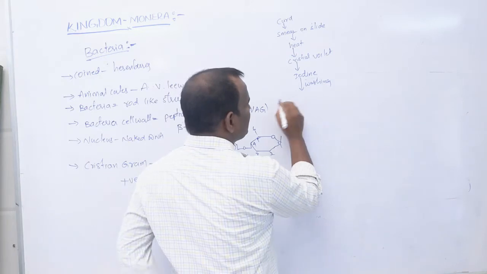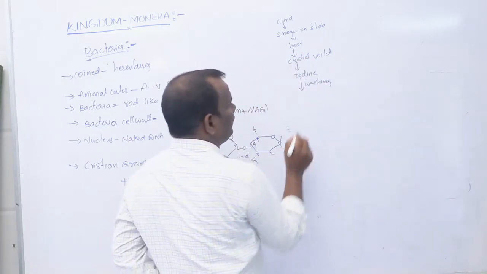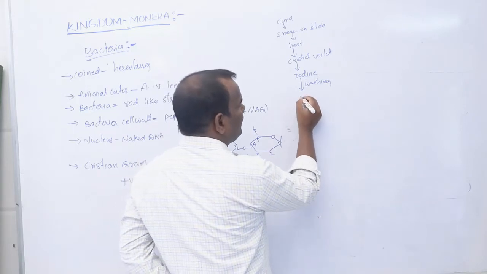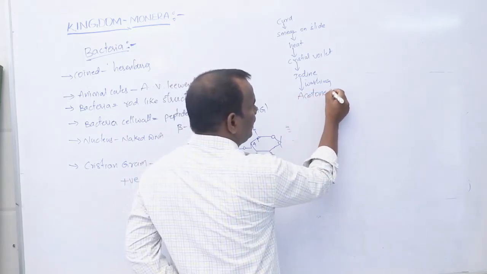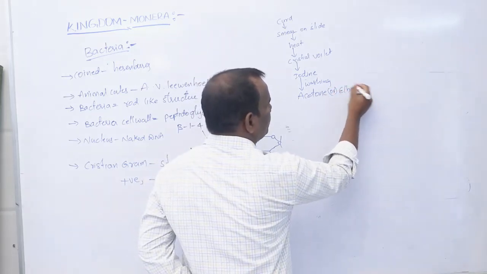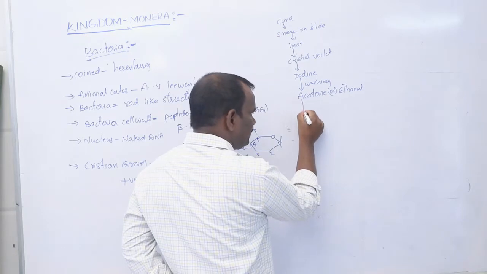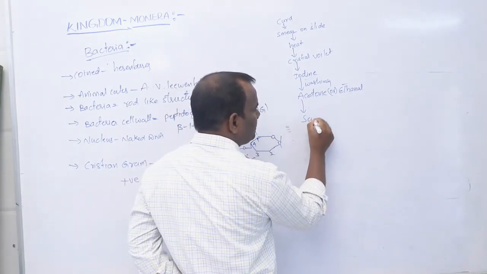Next, the crystal violet, second the iodine, next the acetone or ethanol, and then safranin.